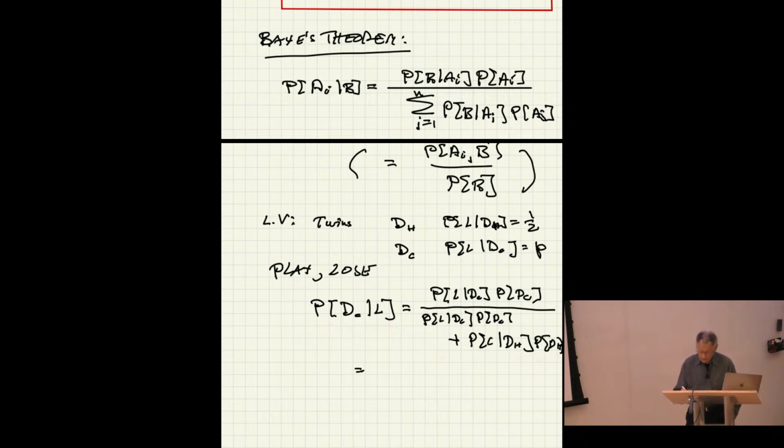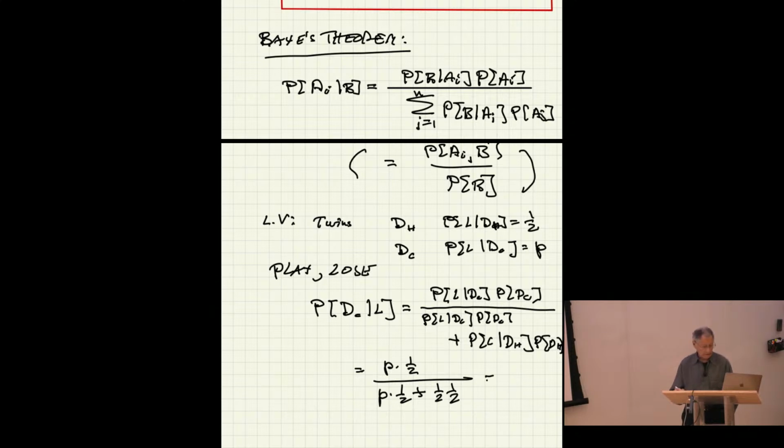That's equal to, with probability P, you will lose if you play with the cheating dealer, and the probability that he was a cheat was a half, over the same thing, P times a half, plus what's the probability you lose if you play with the honest dealer? A half. Probability you ended up with an honest dealer? A half. And you're done.